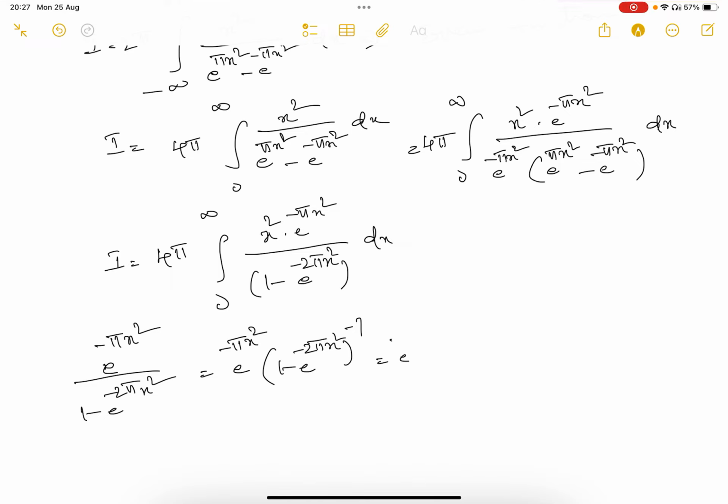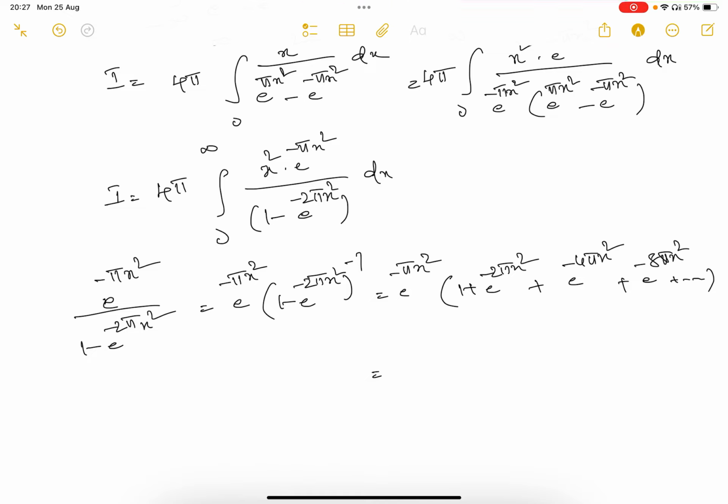This will be e power minus pi x squared into 1 plus e power minus 2 pi x squared, then the next term will be e power minus 4 pi x squared, then the next term e power minus 8 pi x squared and so on. After multiplying with this term, this will be e power minus pi x squared plus e power minus 3 pi x squared plus e power minus 5 pi x squared and so on.